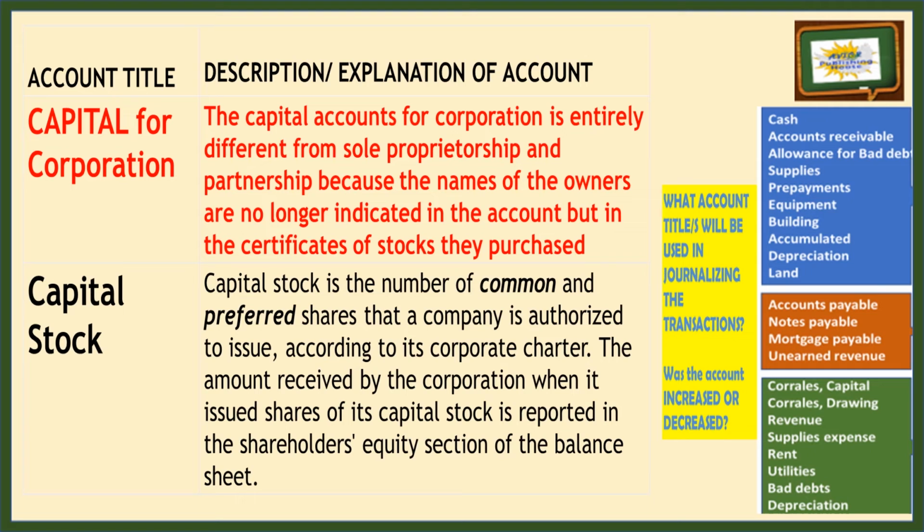So capital stock is the number of ordinary and preference shares that a company is authorized to issue according to its corporate charter or articles of incorporation. The amounts received by the corporation when it issued shares of its capital stock is reported in the shareholders' equity section of the balance sheet.